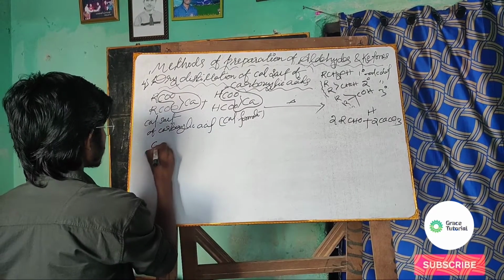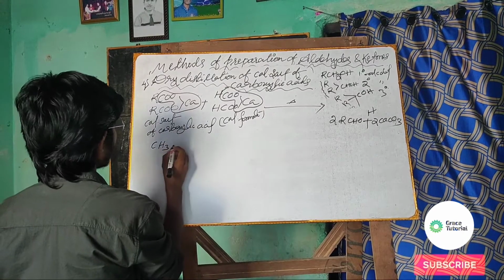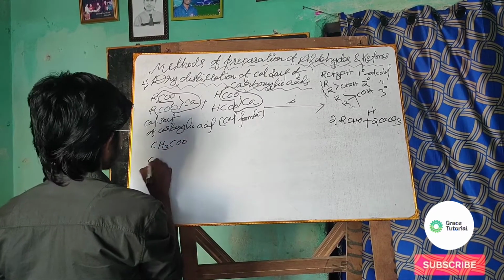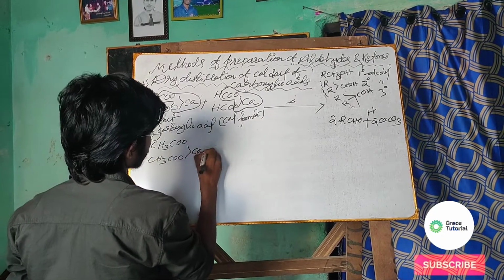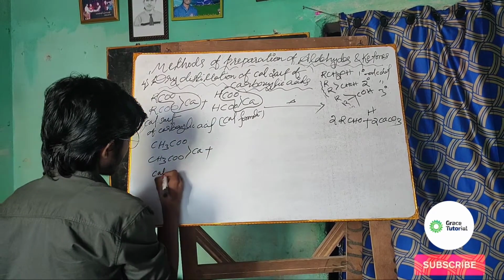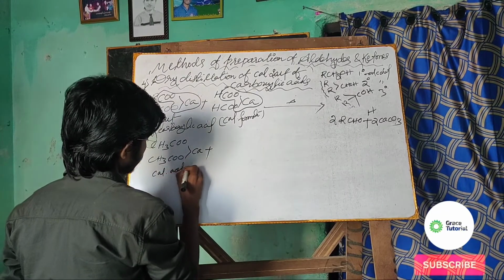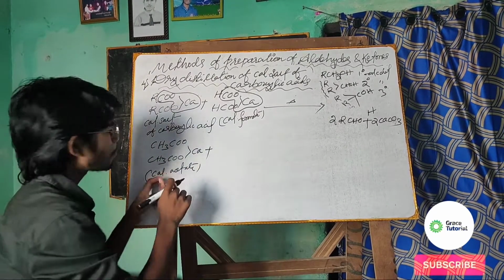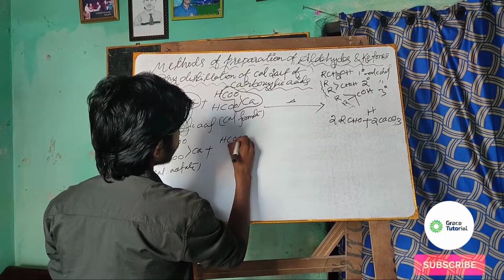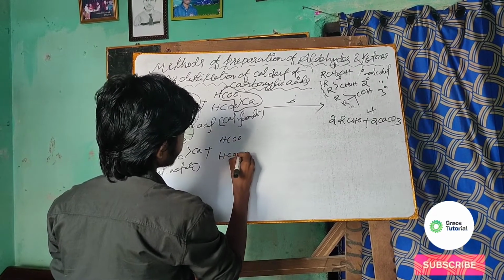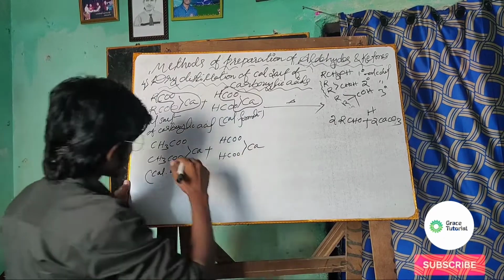If I take CH3COO, CH3COO, Ca, this is calcium acetate. What's the name of this compound? Calcium acetate. Along with HCOO, this is calcium formate. So what generally happens?